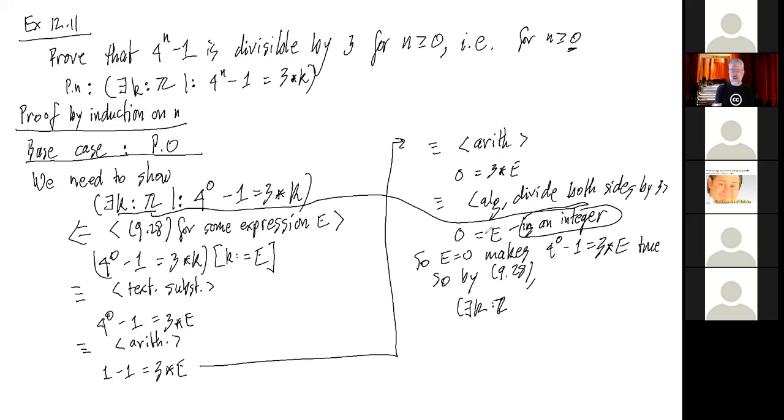It wasn't 3.5 or pi or the square root of -1 or something that is not an integer value. But because this is an integer value, we're okay here. So then we get that, and we're done with the base case.